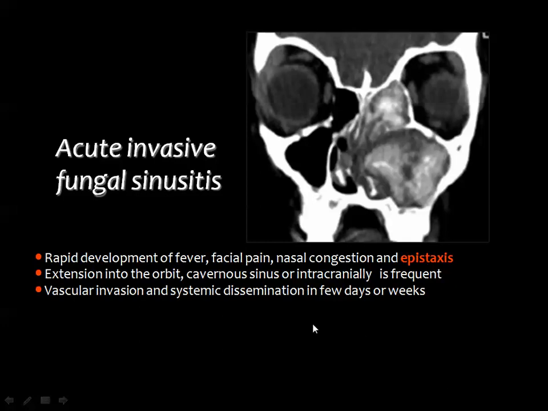Patients may present by fever, facial pain, nasal congestion, and sometimes epistaxis. The lesion has the ability to extend into the orbit, may extend intracranially, and may also reach the cavernous sinus.